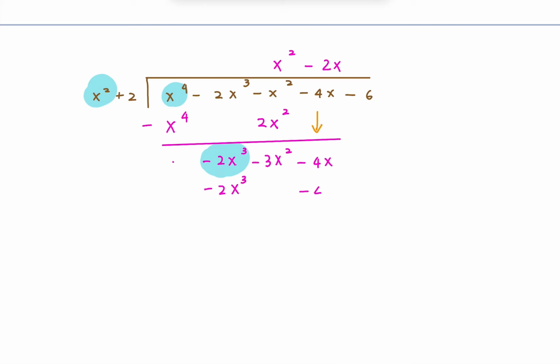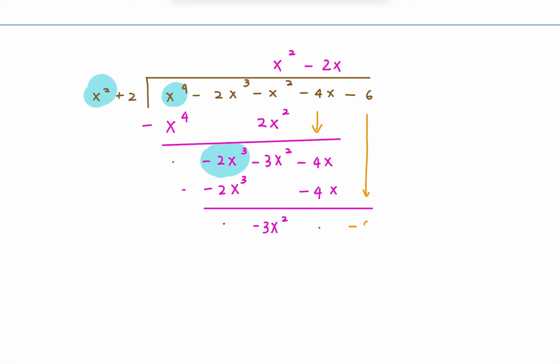And then minus, repeat the same step. Negative 2x cubed minus the same term, you have 0. Negative 3x squared minus 0, you have negative 3x squared. Negative 4x minus negative 4x, 0. And then just bring down the last term, which is minus 6.